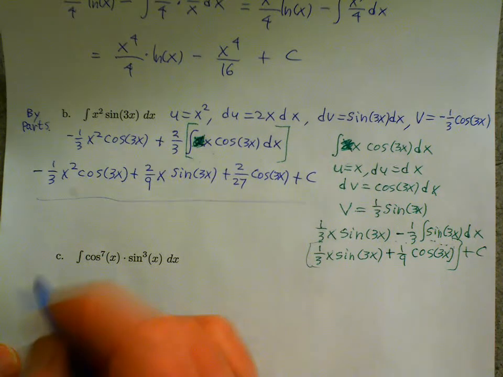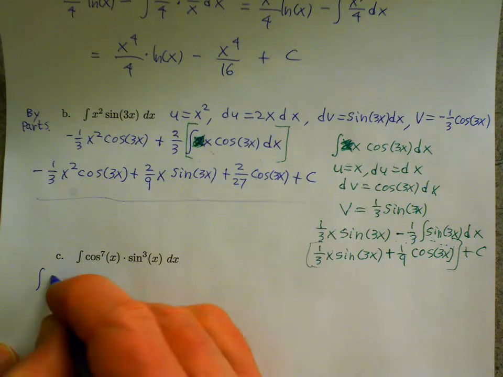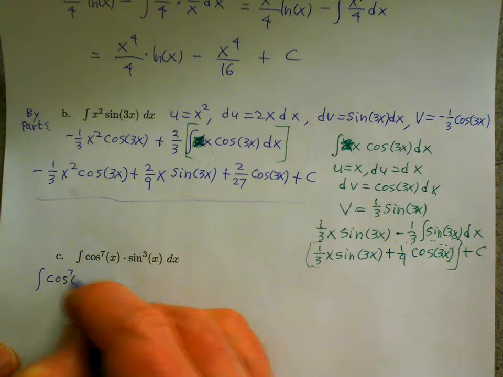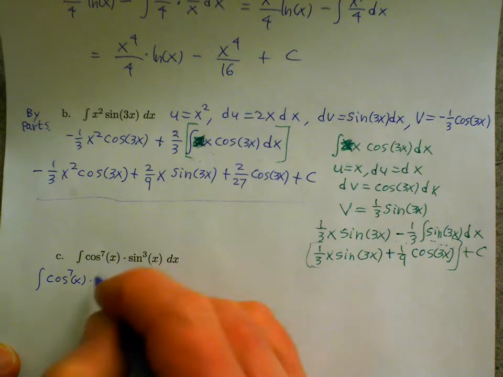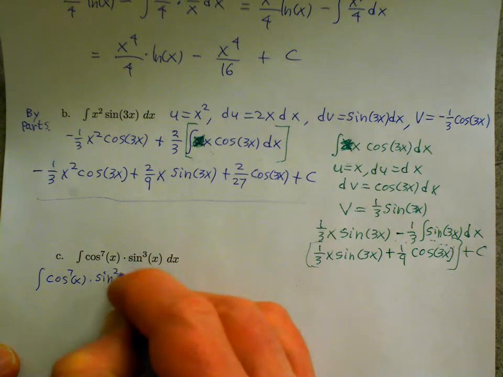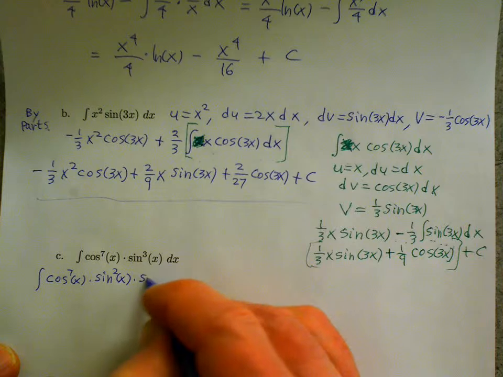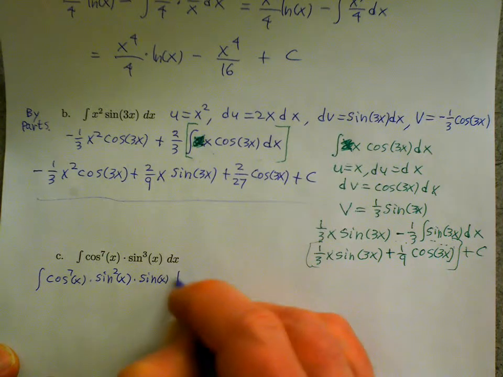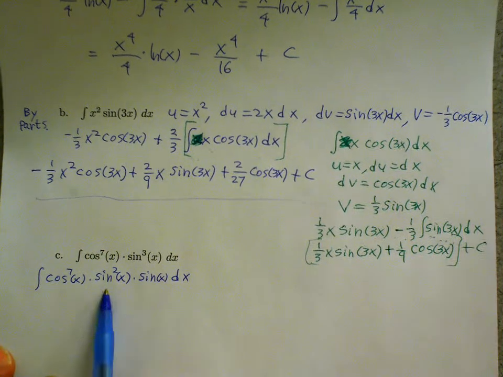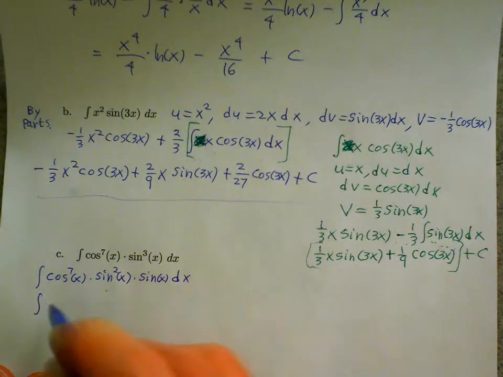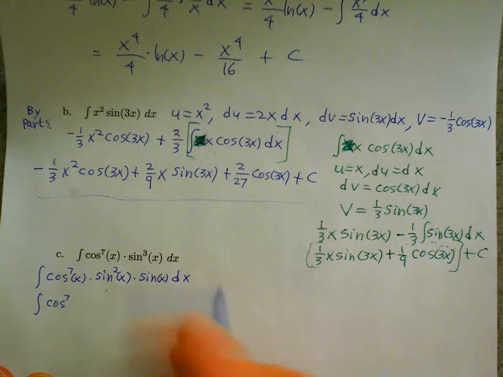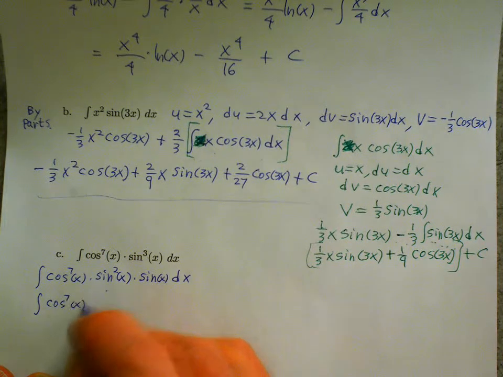So first, replace sine of x to the 3rd with sine of x to the 2nd times sine of x. We'll replace sine of x squared using the Pythagorean identity.